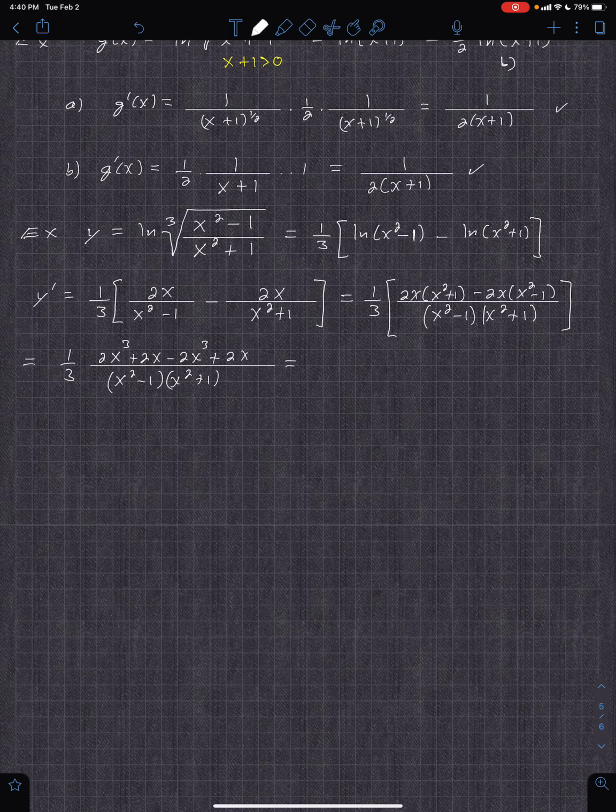Oh, excuse me. So that simplifies. Those are gone. So that one and that one are gone. So you get just 4x. So you get a 4x over... Oh, didn't do it. 3, bring the 3 down now, and then that's just x squared minus 1, x squared plus 1.